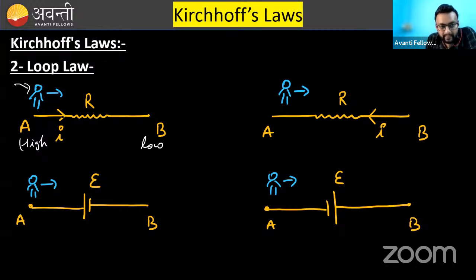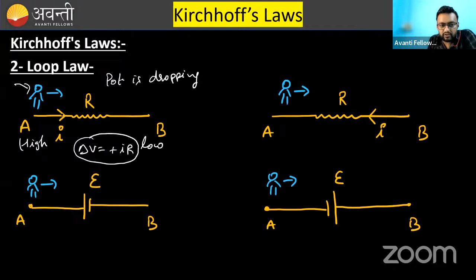What does it mean? It means that while moving from A to B, potential will drop. Potential is dropping. And what I have told you is that you need to write potential drop as positive. So you can write the potential drop, that is delta V, is equal to positive I into R. So for this part, potential drop is positive IR.